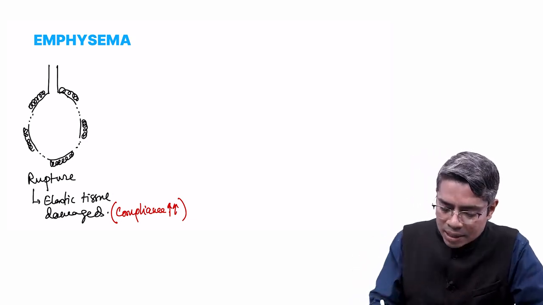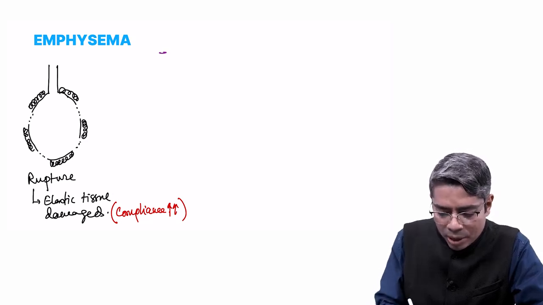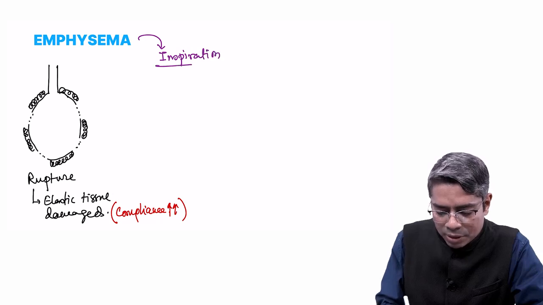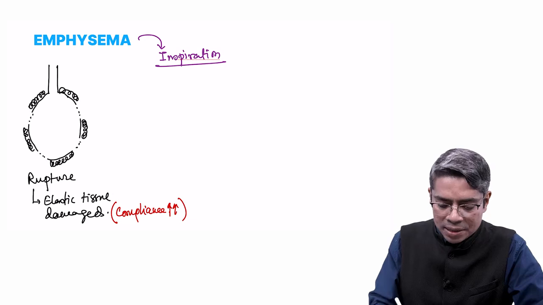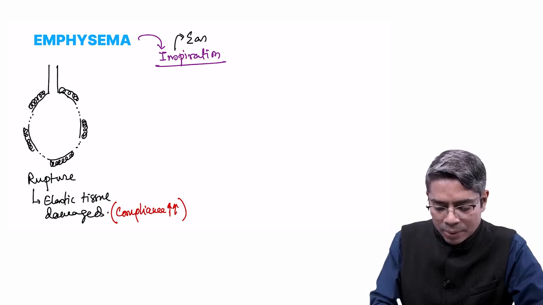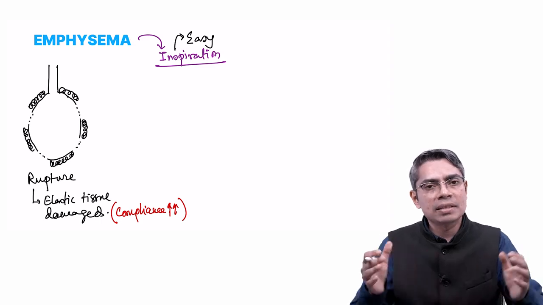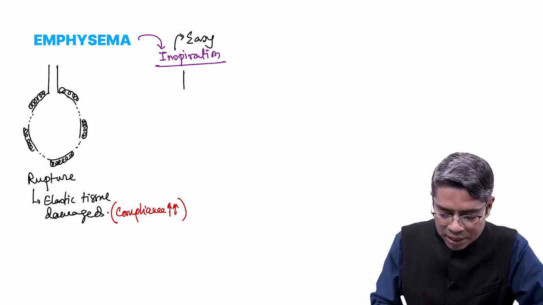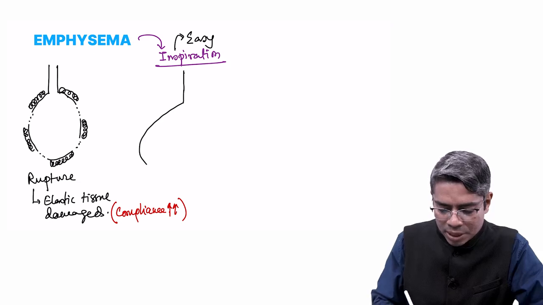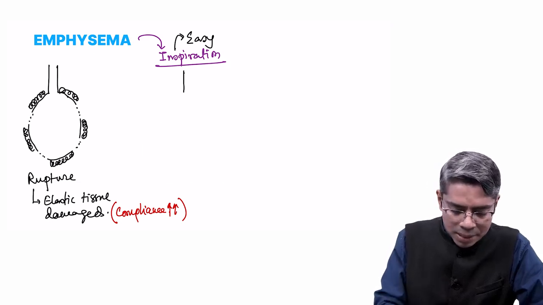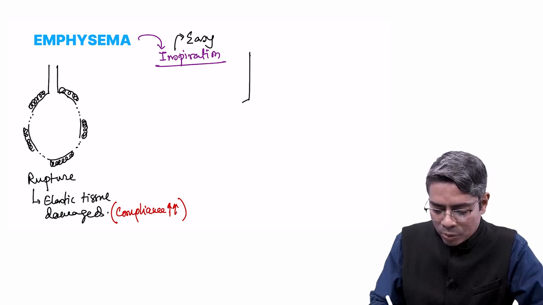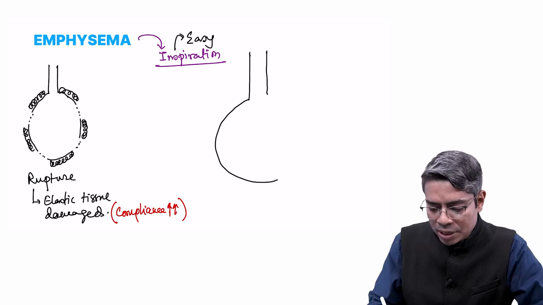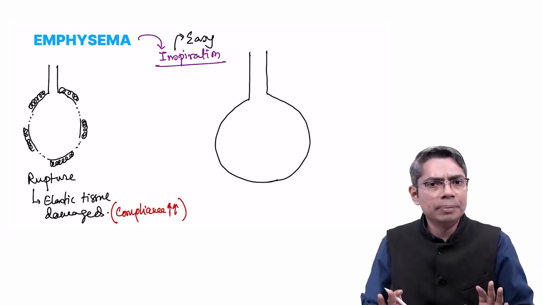Now if the emphysema patient tries to take inspiration, will inspiration be difficult or easy? Inspiration will be easy, because the lung compliance is high. The lung will be fully expanded, or the expansion may be a little more than in a normal person. So there will be huge expansion of the alveoli, and there is no problem.